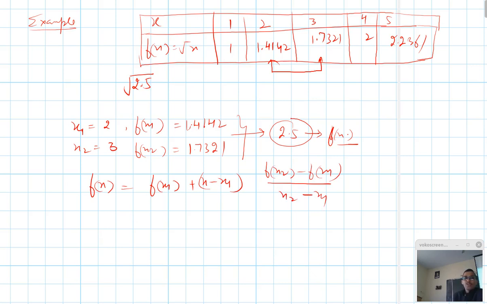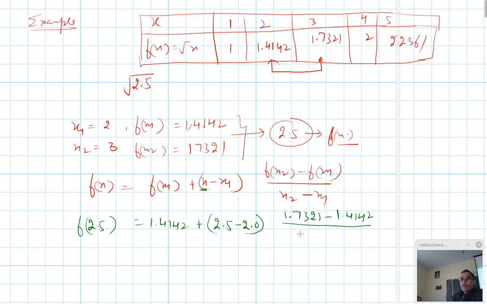So let us put in the values. f of x1 is 1.4142 plus, since I am interested in f of 2.5, it is 2.5 minus 2.0, times (1.7321 minus 1.4142) divided by (3.0 minus 2.0).